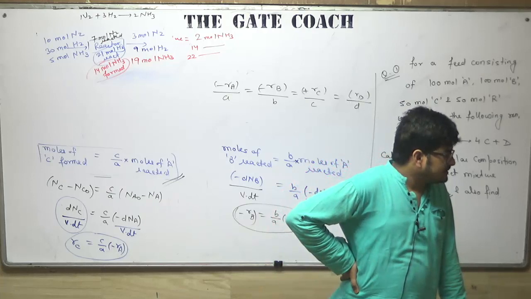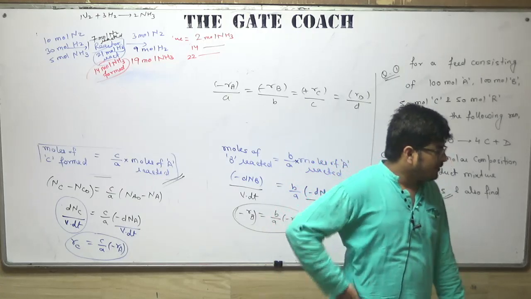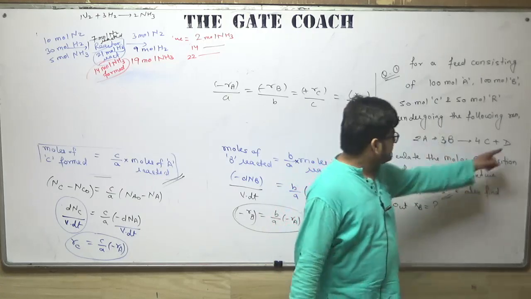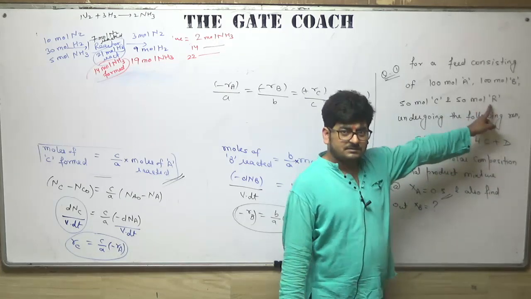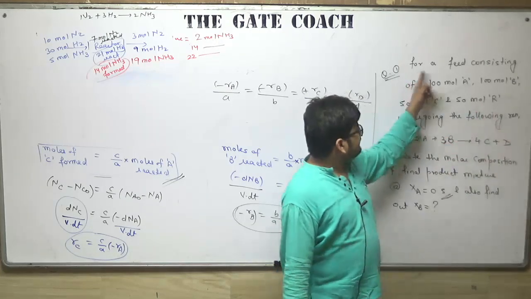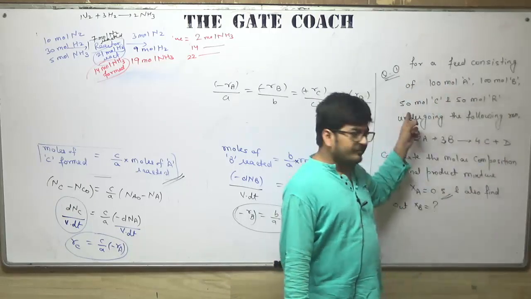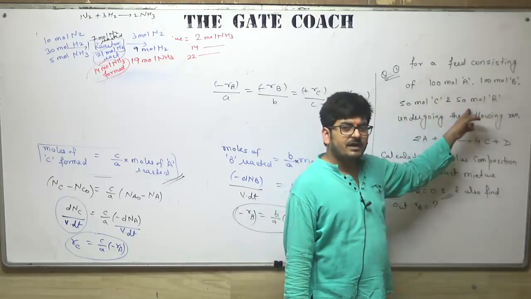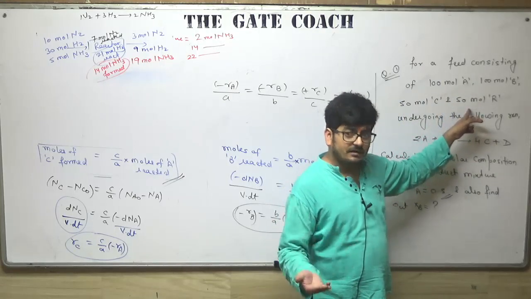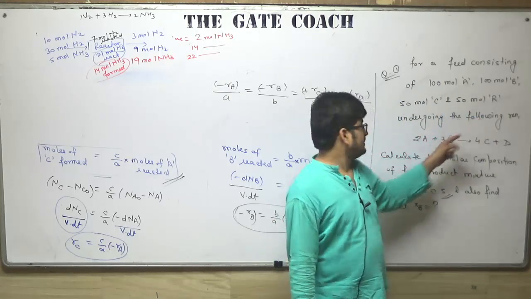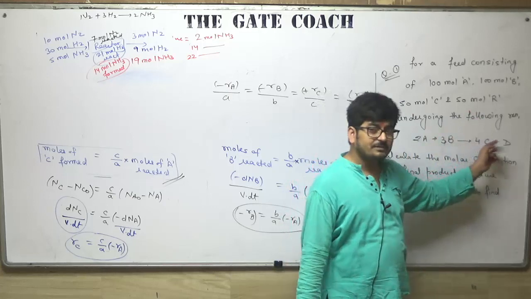Where is R? That's D. What is D? This is D, this is R. For a feed consisting of 100 moles of A, 100 moles of B, 50 moles of C, 50 moles of R, undergoing a reaction 2A plus 3B gives 4C plus D.